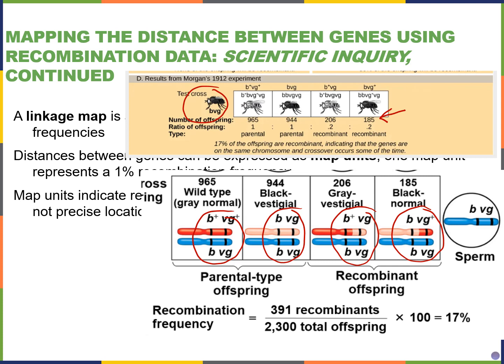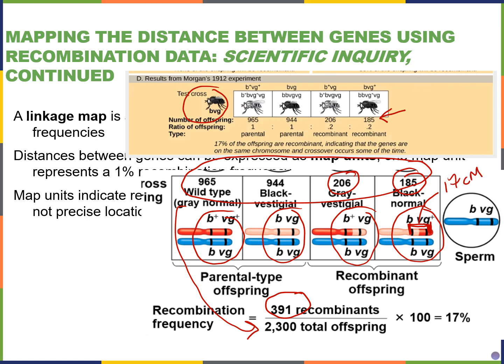And how I did that was, again, adding the number of recombinants over the total number of offspring, which I put in the denominator. So that gave me 17%. So another way to look at this is the gene for body color and the gene for vestigial wing or wing size. They are 17 centimorgans or map units apart from one another.